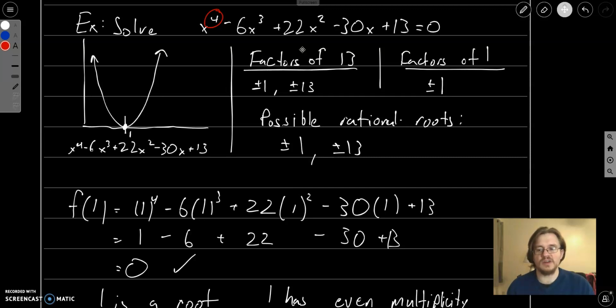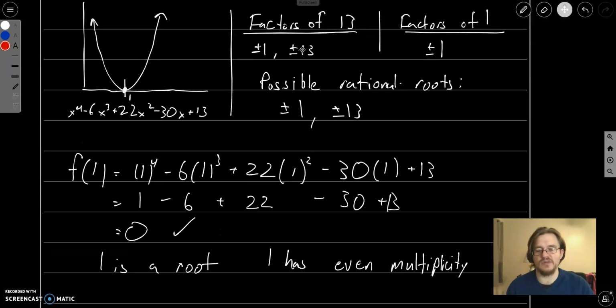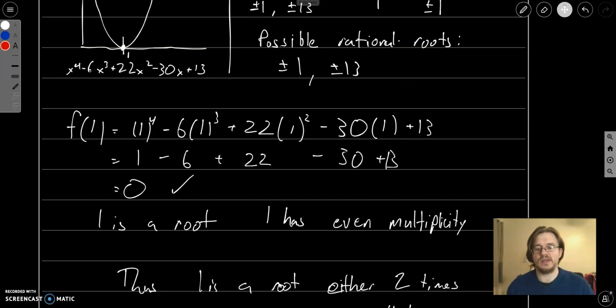But because it also comes down, touches and turns around, we know that the root has even multiplicity, meaning that 1 will be a root of this polynomial twice, 4 times, 6 times, 8 times, and so on and so forth. However, we can say a little bit more.